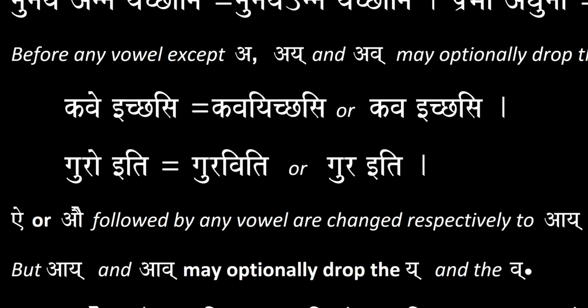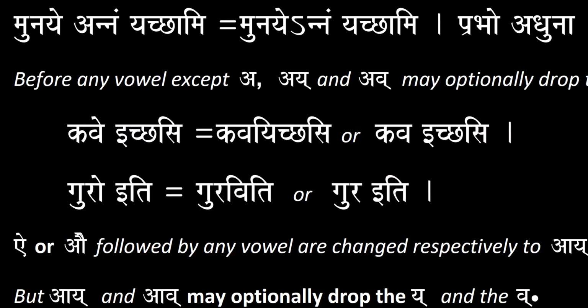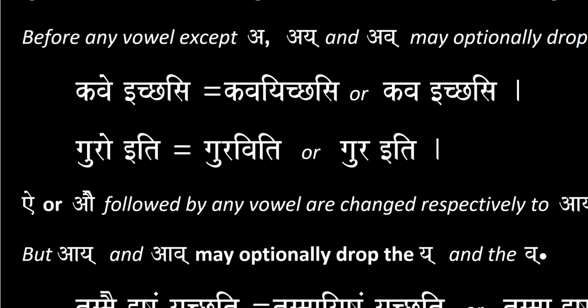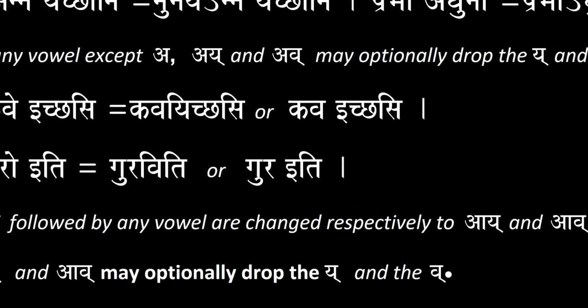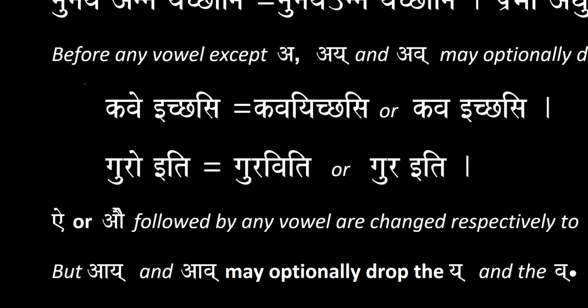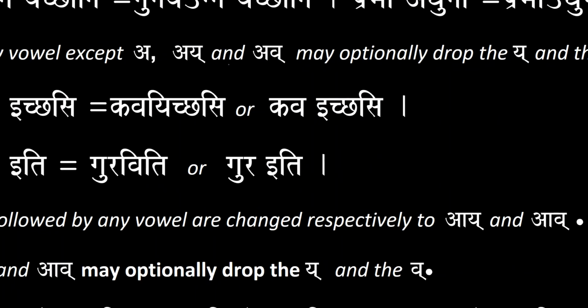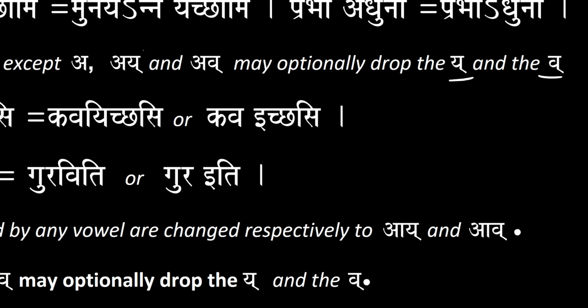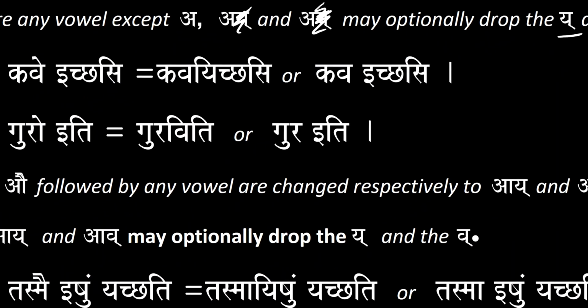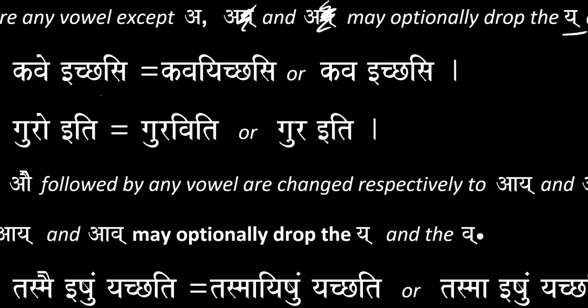Next, we have options here. When an e and o is followed by any vowel except a, remember it turns into ay and av. Now you have an option to drop this ya and va in the ay and av. So in our earlier examples, we had kave ichasi, and it turned into kavay ichasi.